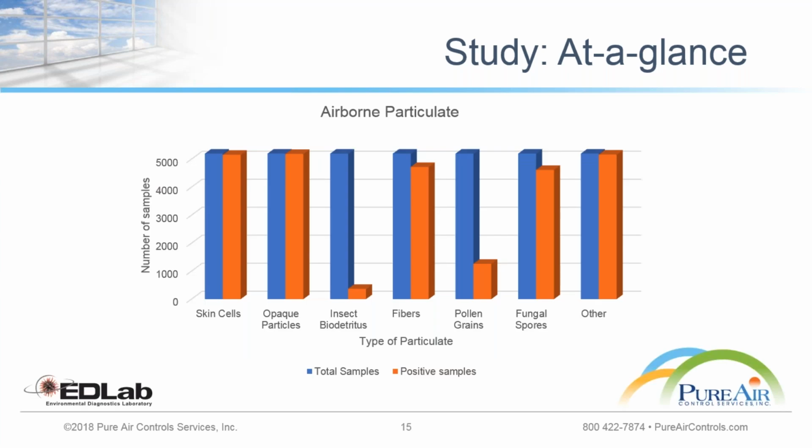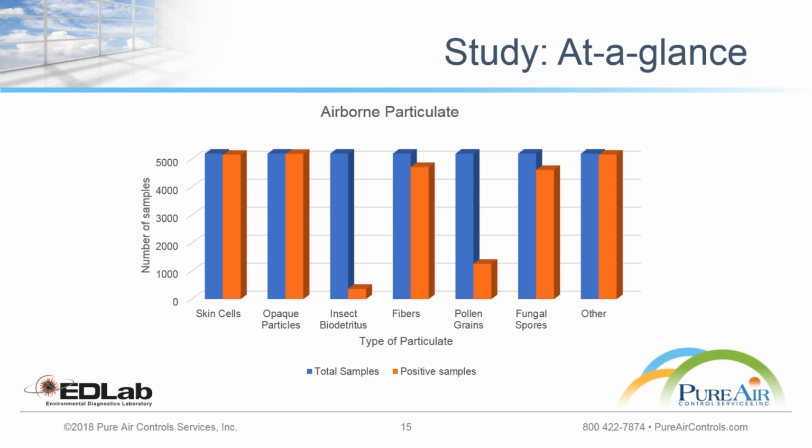Now, I wanted to give the graphic representation. As you can see, in terms of airborne particles, in terms of total number of samples, almost every sample has shown the skin cell.